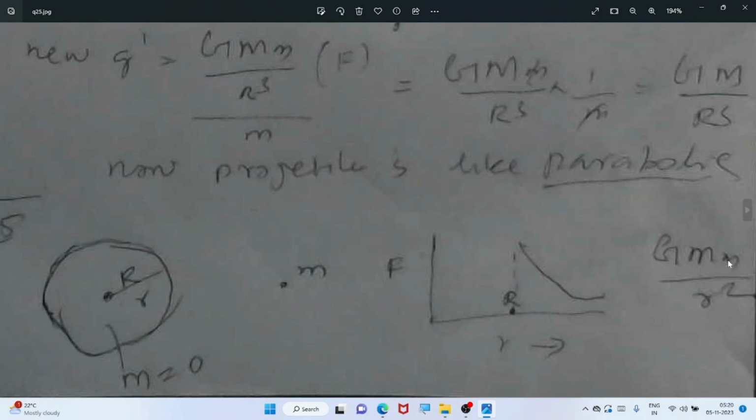So there will be a force, and after that it will keep decreasing because r will increase.